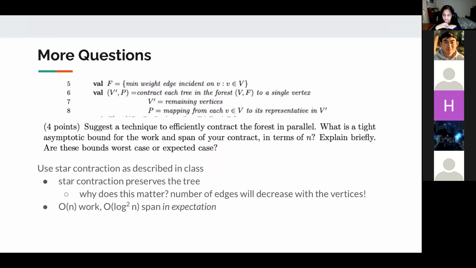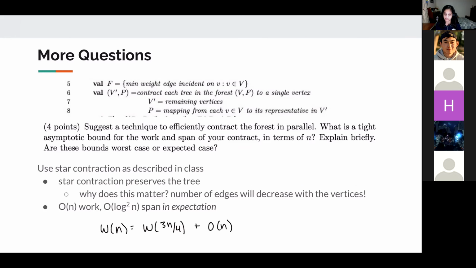Can I ask one more question: why then is it O of n work, not O of n log n work? That is a good question. I think if you assume that the vertices are enumerated, you can do star partition in O of n plus m work. If you solve this as a recurrence, the work of n is going to be equal to the work of 3n over 4, because you expect about 1/4 of the vertices to go away, plus O of n.